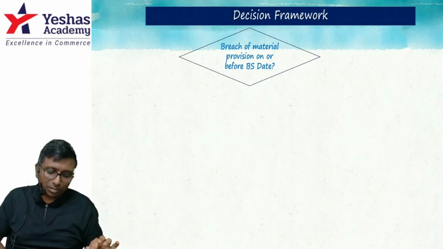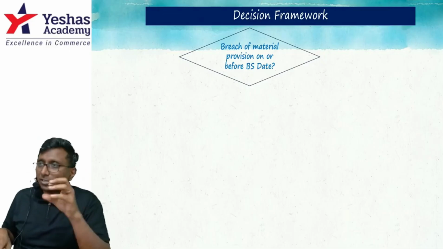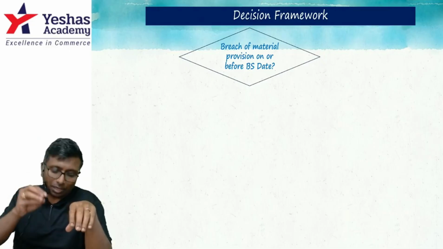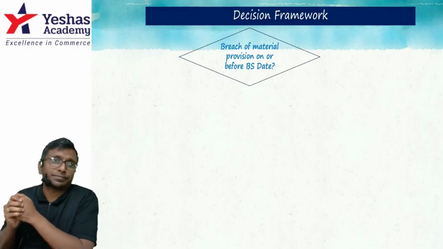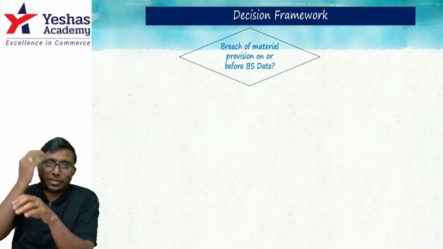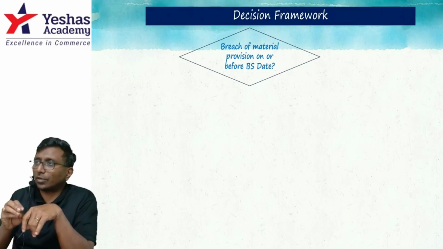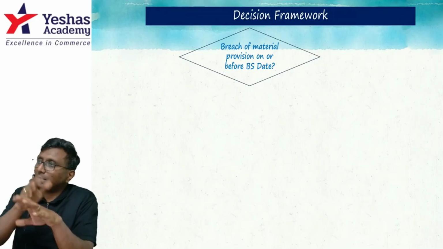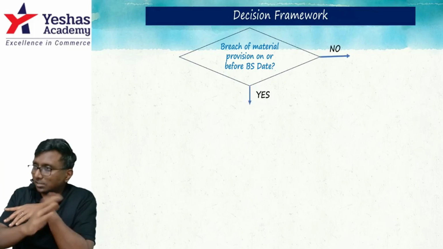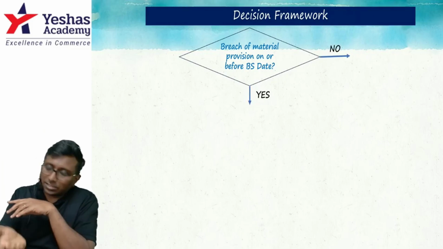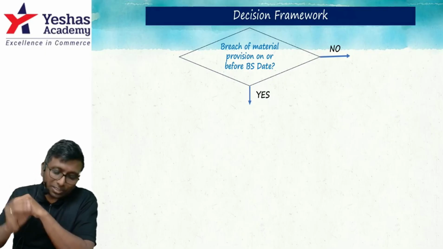First question, what is that? Breach of material provision means condition on or before the balance sheet date. When did it happen? First question. Don't link it to the earlier question. In general, I am telling. Breach happened when? It can be on or before, or it can be after. So the answer can be yes, the answer can be no. So first, what is the question?